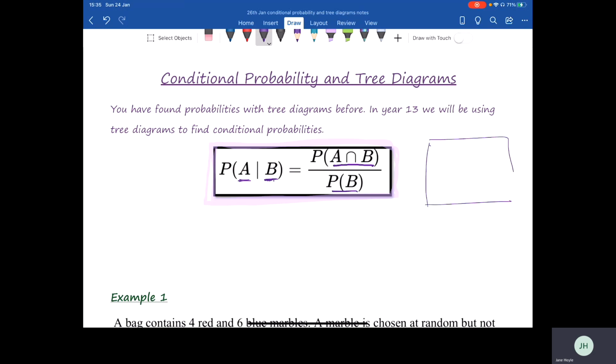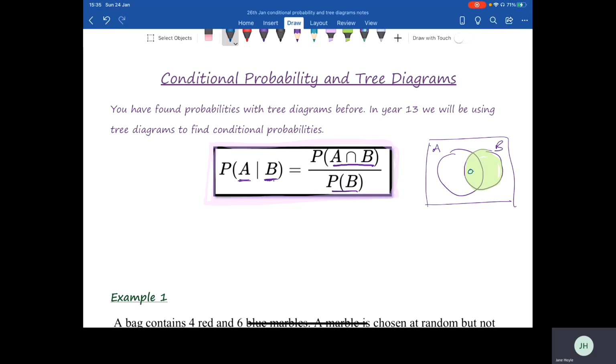And we can see that quite nicely from the Venn diagram. So if this is A and this is B, if we know that B has definitely happened, we're actually restricting the options from which we're choosing. And we saw yesterday that we can either deal with that with actual numbers, frequencies in there, or with probabilities.